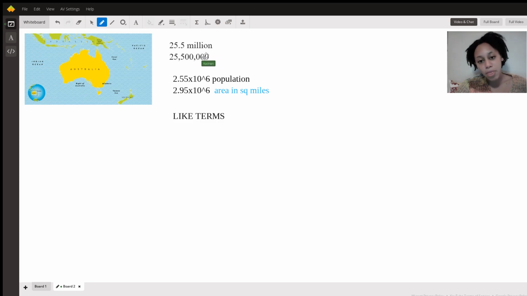If I move it back 3 decimal places, I'm going to multiply that by 10 to the third, 10 cubed. So for example, here in our area, we've got 2.95 times 10 to the 6th. That means that this decimal, we're right after the 2. Really, in reality, the decimal is 6 places to the right of where it is now.